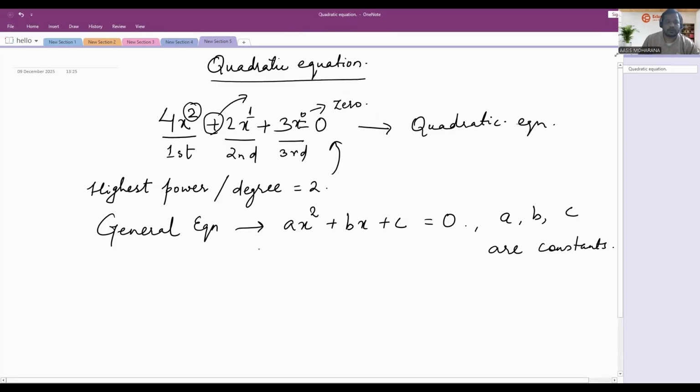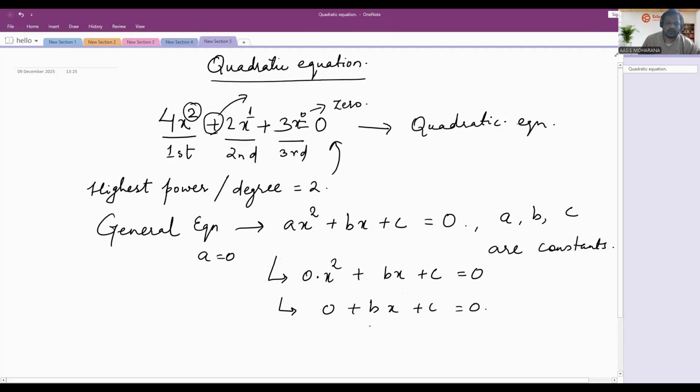So here now if by any case a is equal to 0, then what about the general equation? 0 into x square plus bx plus c. Anything multiplied by 0 is 0. So here it will be 0 plus bx plus c is equal to 0.